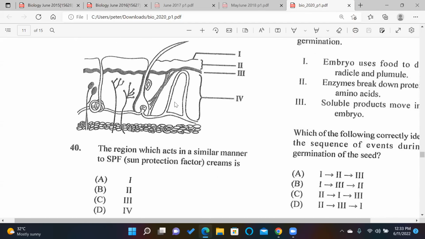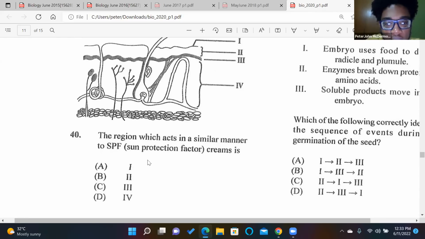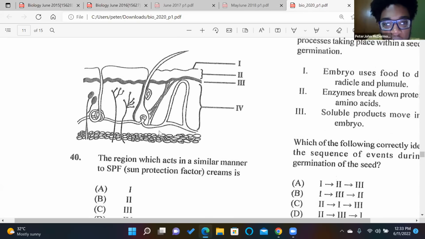So 40, the region which acts in a similar manner to SPF creams is what? Not sure. All right, let's look. So what are the different layers? What layer is this? The epidermis. What's this? I guess that would also be kind of the same thing. What's this?